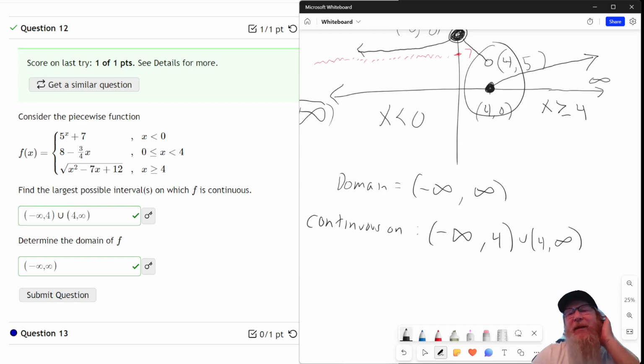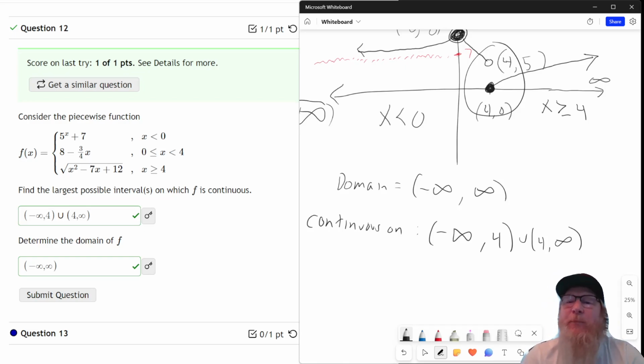Like, I mean, it is a square root graph. In some of the previous questions when we had square roots, I would put a bracket, right? Now, that's true. The bracket is true for the domain, right?